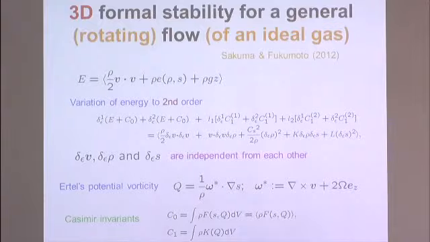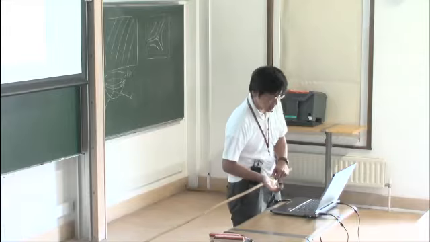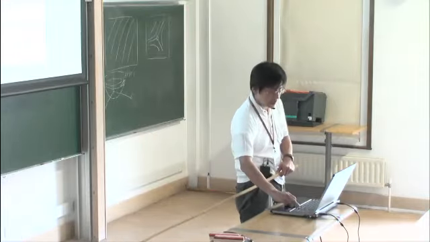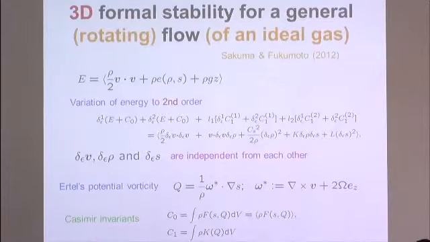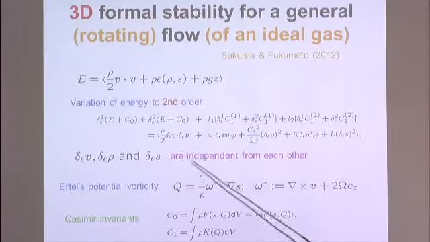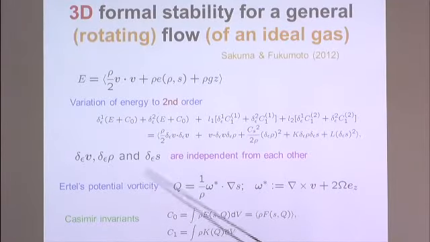Today's main result is obtained by using more Casimirs. Of course, they used Casimirs, but we use more Casimirs. We could derive an energy estimate only in terms of independent variables.